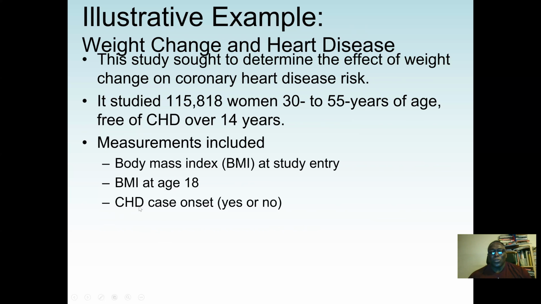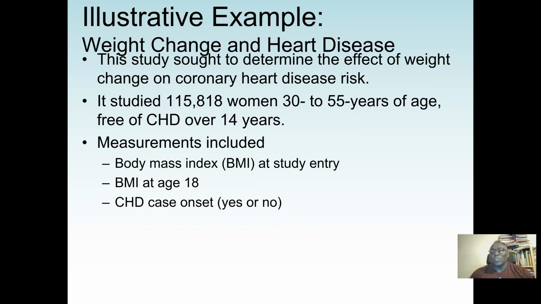Then CHD, which is the coronary heart disease case onset, to be yes or no. So we can see that CHD will be categorical, yes or no. BMI at age 18, so the body mass index value will be quantitative, it's a value. Or when we go here, 115,818 women, it's a value, so that will be quantitative.